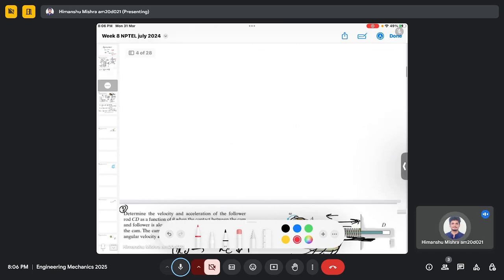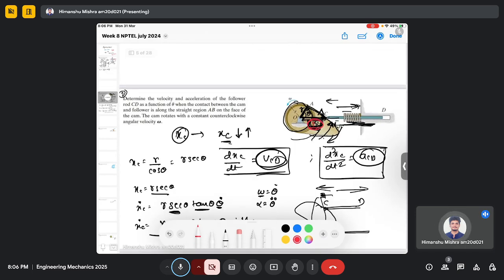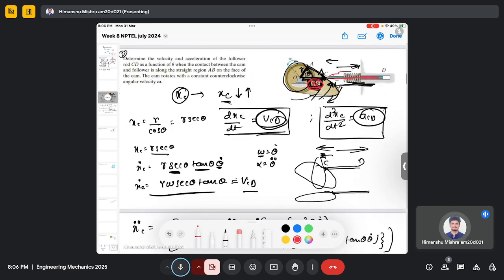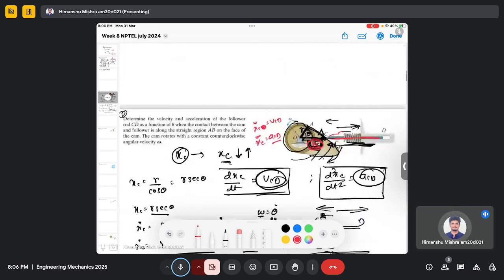And the same thing we have seen here also, because the rate of change of xc is equal to the velocity of CD, because how xc is changing is equal to how this CD is changing, and therefore x dot will be the velocity of CD, and x double dot c will be the acceleration of CD. And you already have x from this triangle property, you can calculate x as r sec theta. You just need to take a time derivative of this.